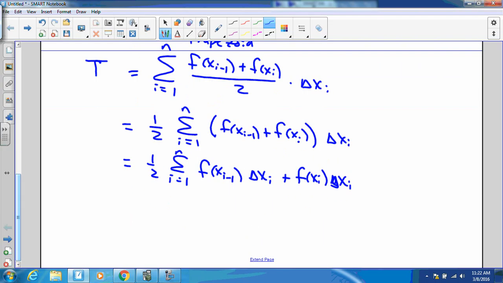And because it is a sum, I can add up all of these first, and then add up all of those, and add those two sums together. And when I do, that looks like this.